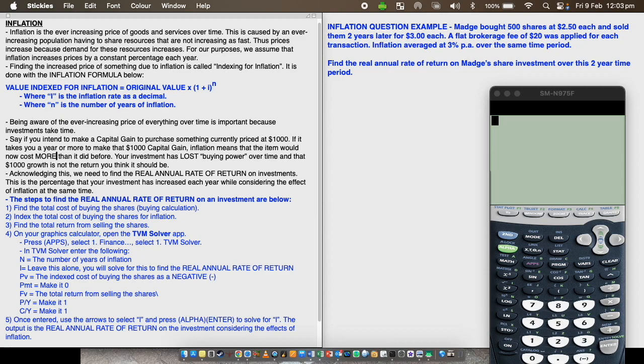But based on what I've talked about here, inflation makes the cost of everything also go up. So if my money increased by 10%, but the price of everything increased by 3%, technically, how much did my money grow by? Good. That's how you account for the real annual rate of return.